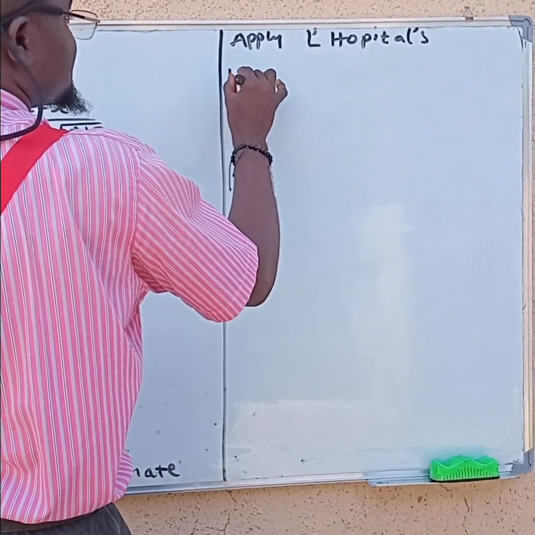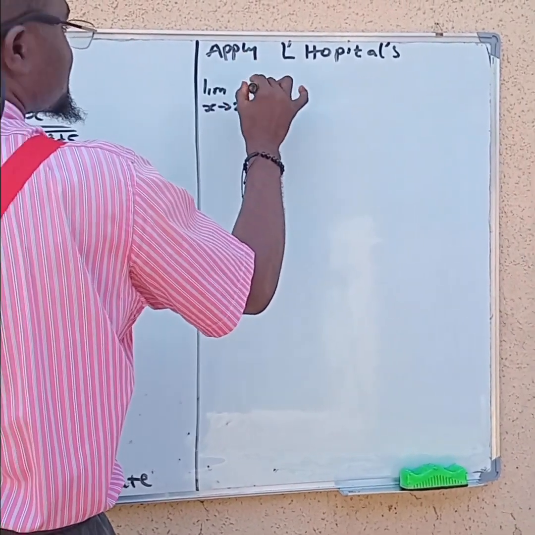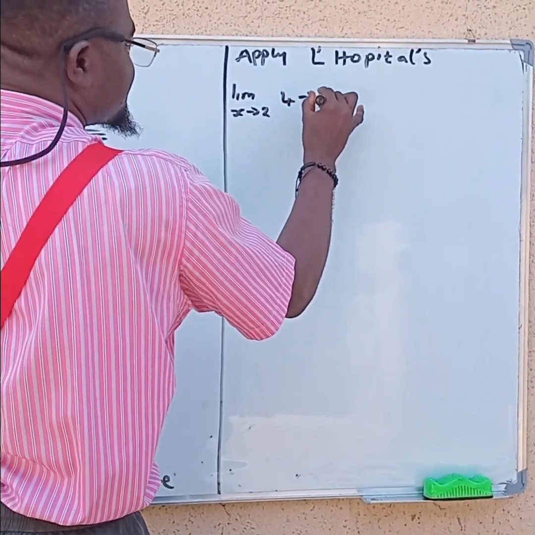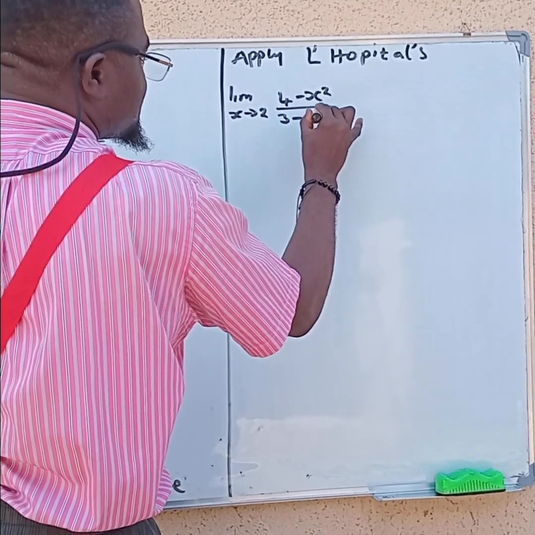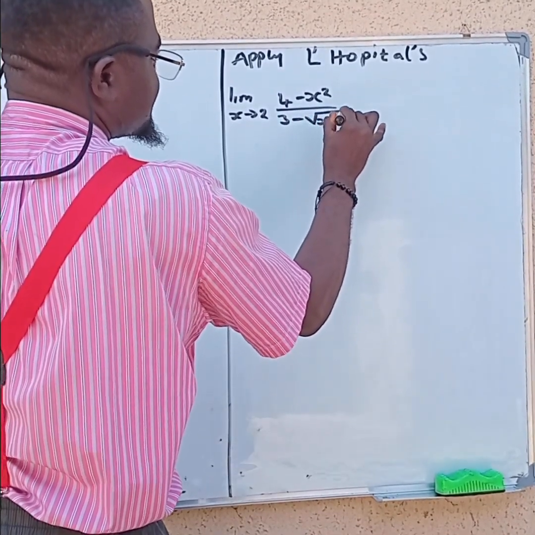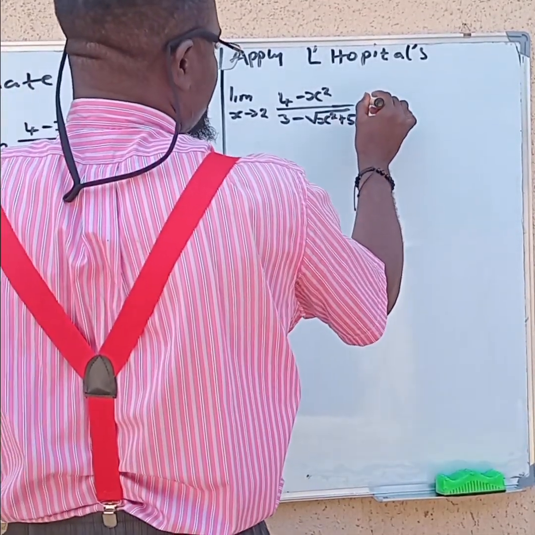That means the limit as x tends to 2 of the function 4 minus x squared over 3 minus root x squared plus 5 will now be in this way.